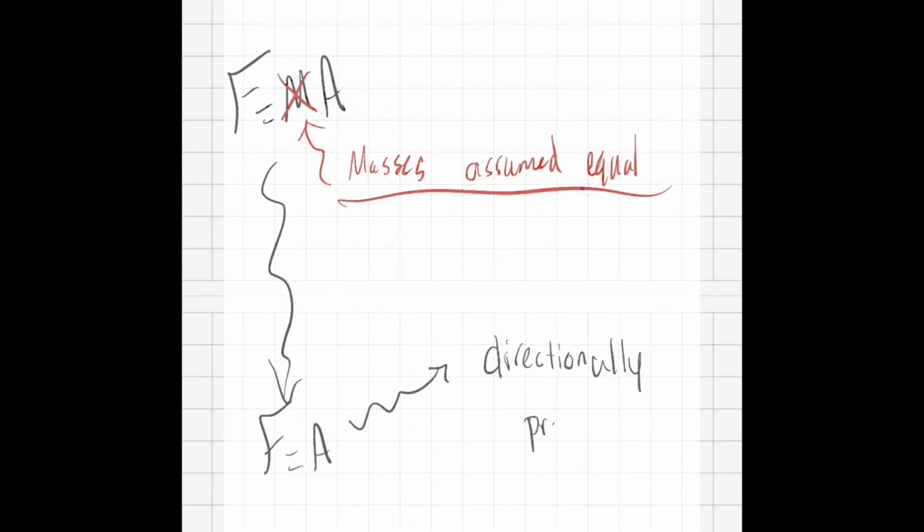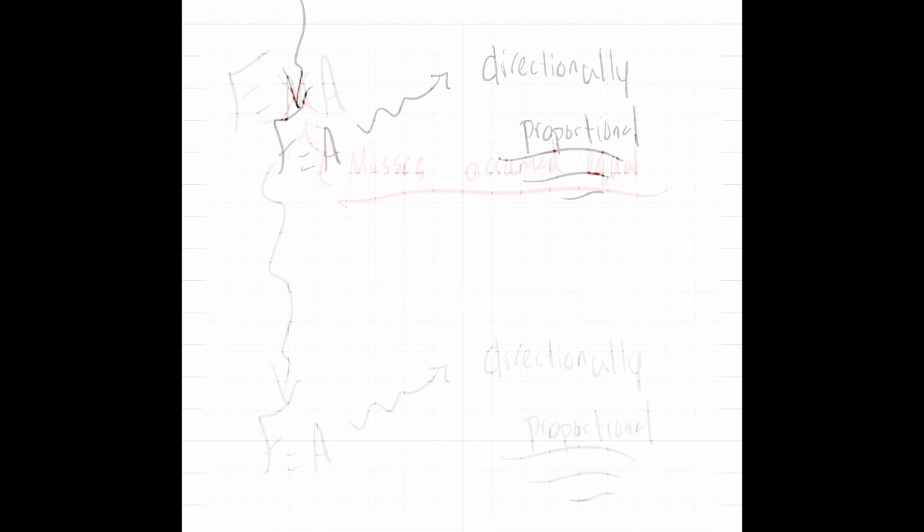Here you can see depicted Newton's second law of motion, which is force equals mass times acceleration. However, like the other equations used before, the masses are assumed equal and cancel out, leaving it to be just force equals acceleration.